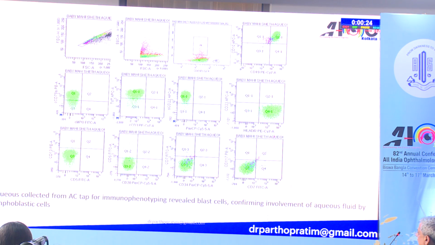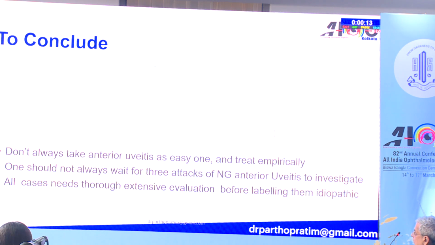So in leukemia patients, sometimes you can get a hypopyon. You have to make sure whether these are inflammatory cells or lymphoblastic cells. To conclude, don't always take anterior uveitis very easy and try to treat them empirically.